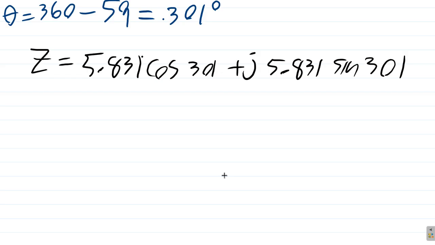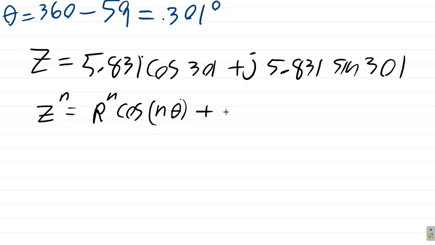Now, remember De Moivre's theorem. If you have z to the power of n, it is equal to r to the n cos n theta plus j r to the n sine n theta.